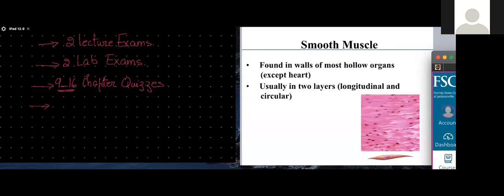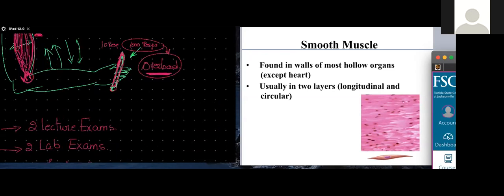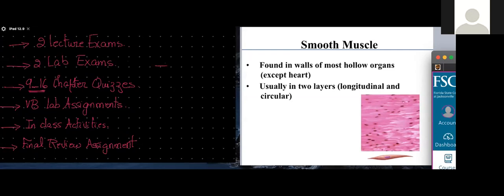Those are the ones that you did not complete. And you have the Visible Body lab assignments, you have the in-class activities, you have the final review assignment, and you have the optional final exam.